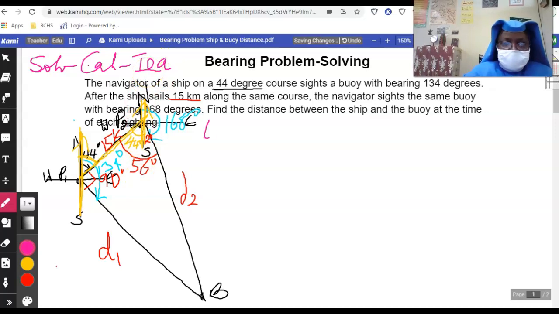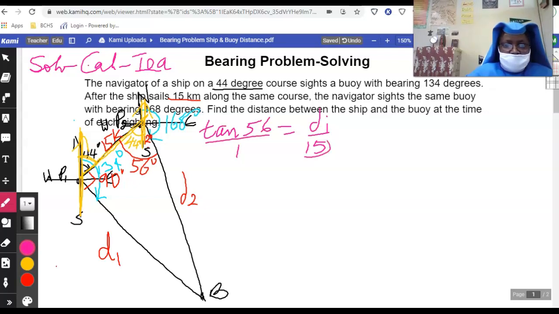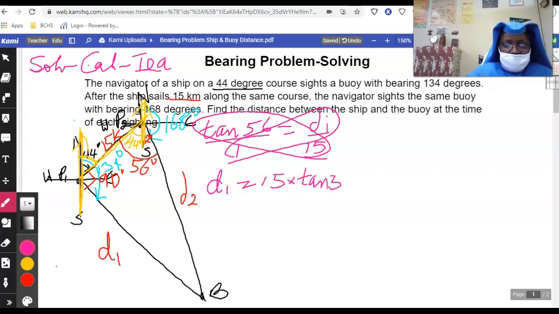So then we're going to do tan of the angle 56 is equal to opposite, which is D1, over the adjacent, which is 15. If we cross multiply, we can put 1 here if we like. So this is going to be D1 equals 15 times tan 56. So plug it into our calculator.